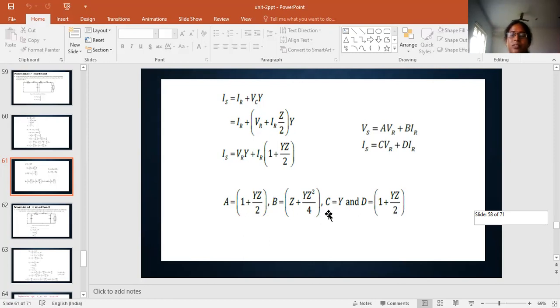Using the ABCD parameters, we can verify the two conditions. Those conditions are A equal to D and AD minus BC equal to 1. The first condition is satisfied: A is 1 plus YZ by 2 and D is 1 plus YZ by 2, so A equal to D. The second condition, AD minus BC, we can also derive here.